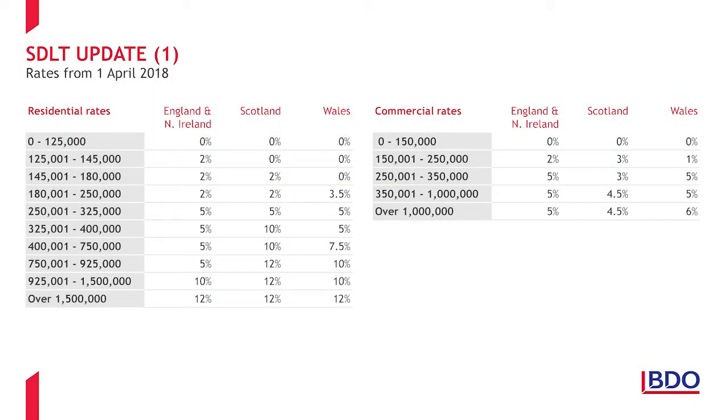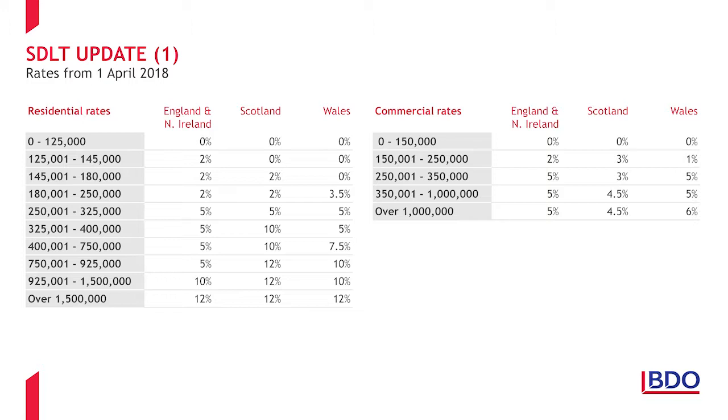So, what are the tax rates for SDLT? Well, the slide shows a whole number of differing SDLT rates from the 1st of April 2018. There is no doubt that the rates in England, Scotland and Wales are showing a race to the bottom.